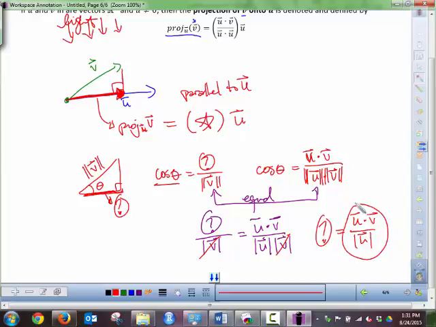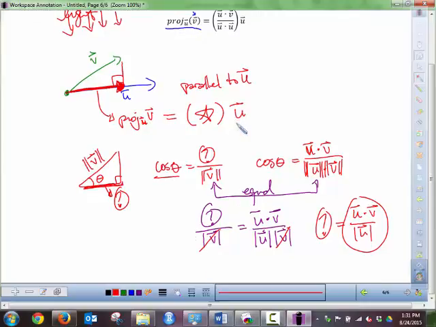This isn't my complete answer for the star here. Oh, so because u is not a unit vector, we can't just multiply this by the length of this. We have to make u into a unit vector first, right?